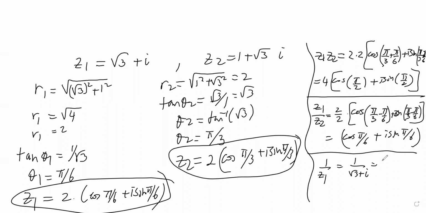So multiply top and bottom by the conjugate, which is square root of 3 minus I, divided by, when you multiply this, it's just going to be 3 plus 1, I mean, this is just going to be 4. So it will be square root of 3 divided by 4 minus I over 4. And then you write this number in polar form.